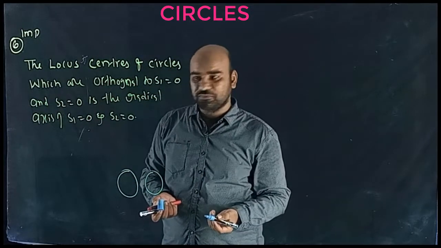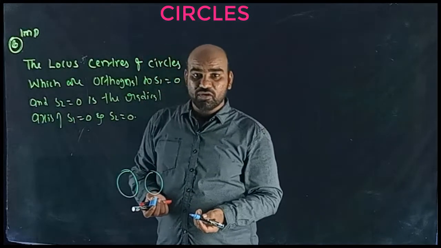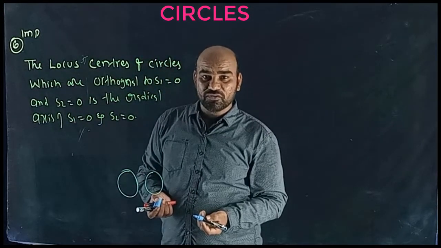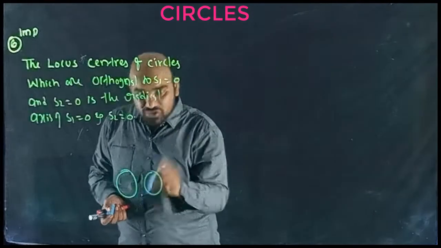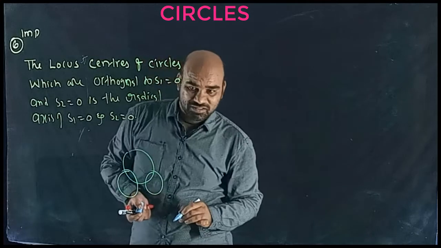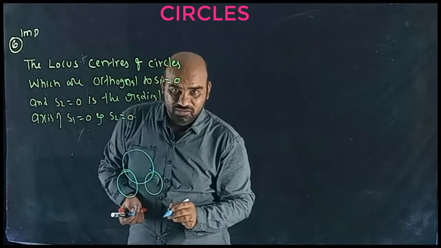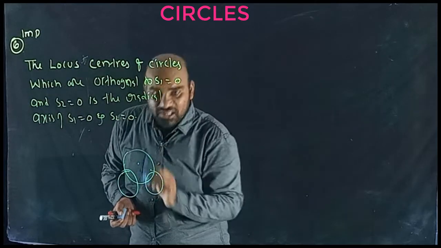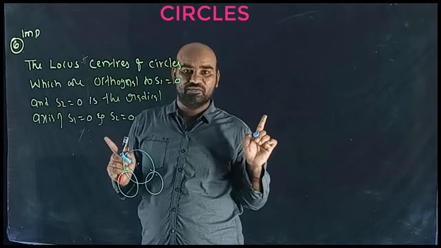That is not a big problem. Now we want to find the locus of centers of circles which are always orthogonal to these two circles. For example, this is one such circle. These two circles are orthogonal and these two are orthogonal. Then the center of this circle will lie on the radical axis of these two circles.